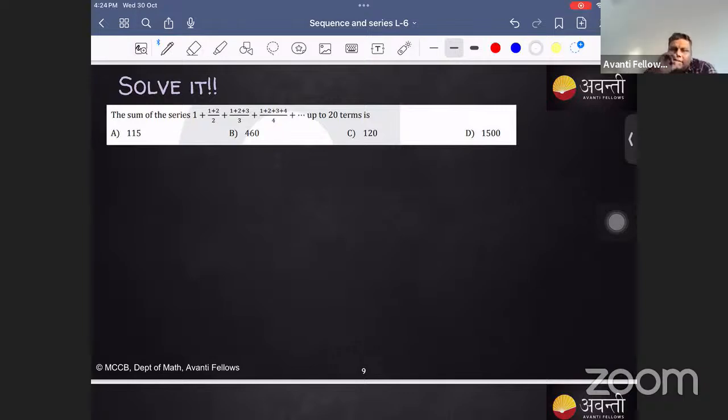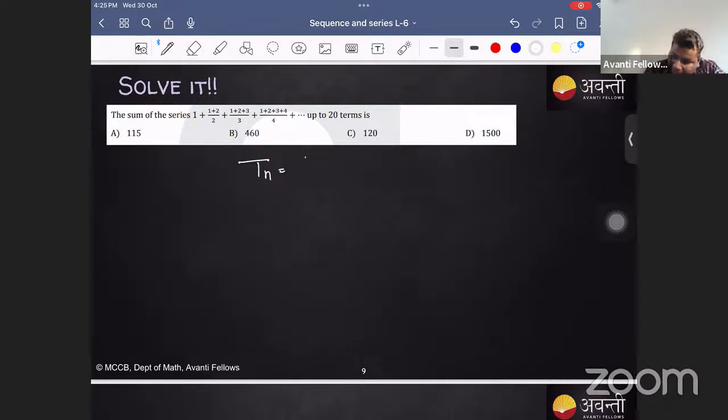So see, again, the strategy behind this is to identify the nth term. The value of n will be 20, which I will place later on. So what is Tn? In the numerator, the first term has 1, the second has 1 plus 2, the third has 1 plus 2 plus 3, the fourth has 1 plus 2 plus 3 plus 4.